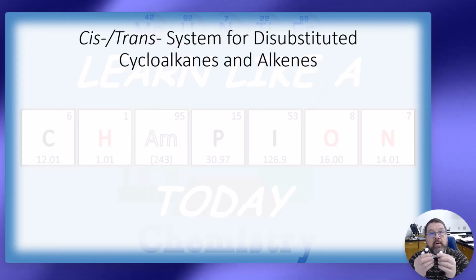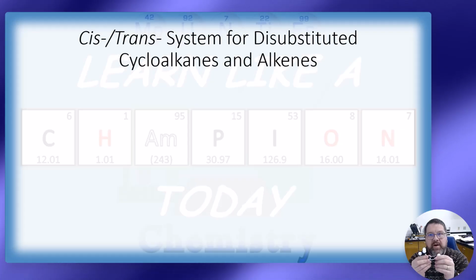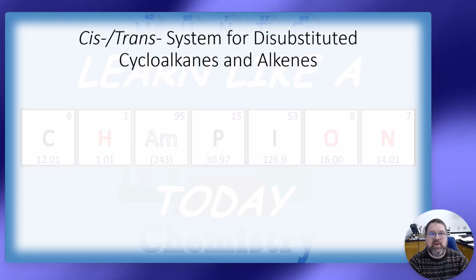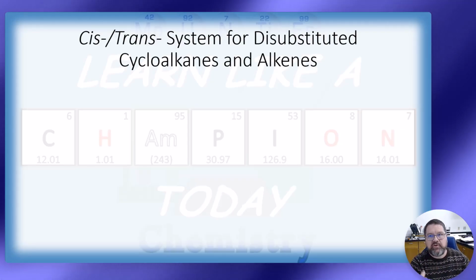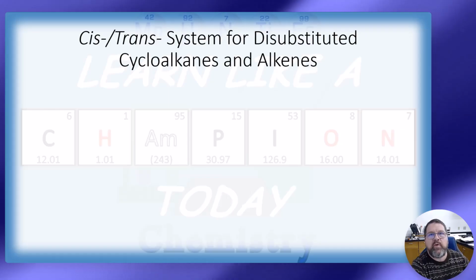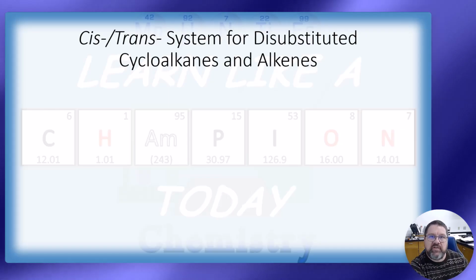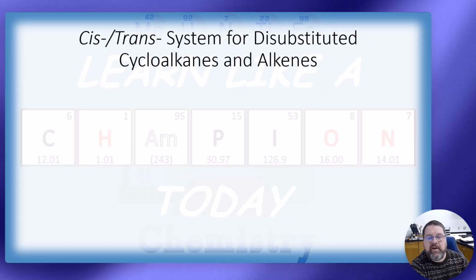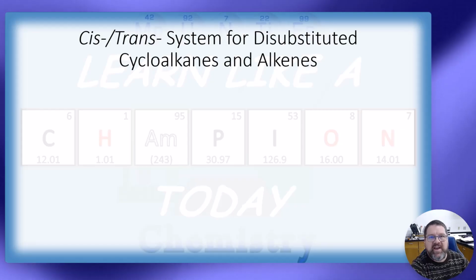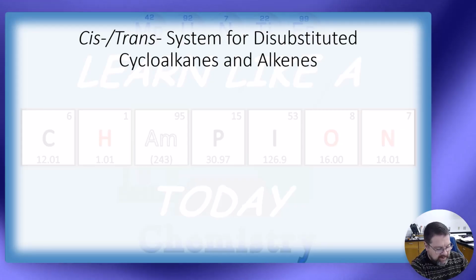Now, di-substituted alkenes, we can also apply this to when we have a ring structure. We have a cycloalkane, and we substitute for some of the hydrogens that are on there. We know that cycloalkanes and alkenes will have the same generic formula, CnH2n.